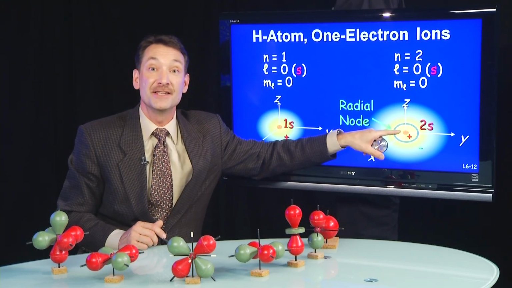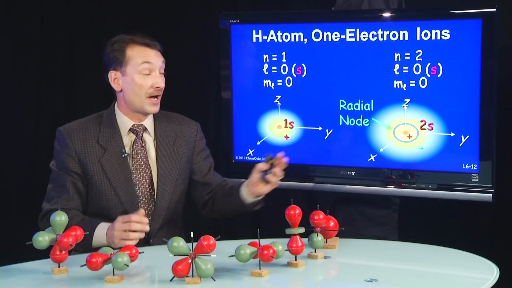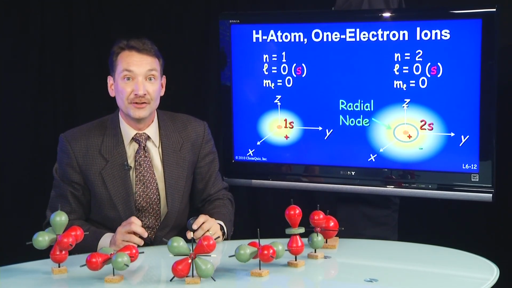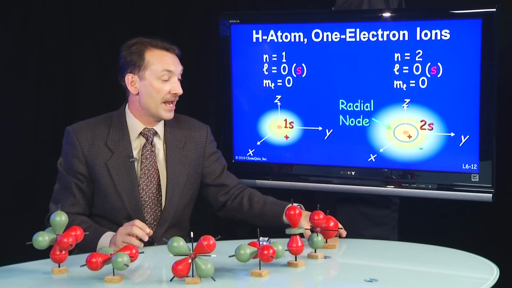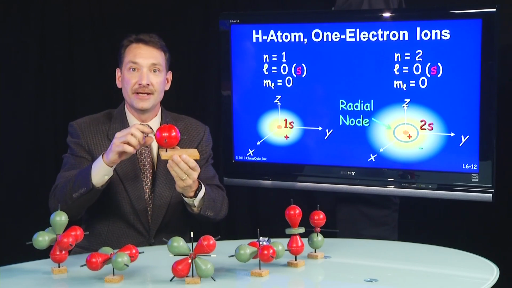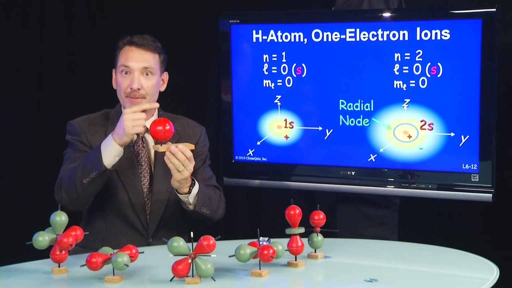It had a positive sign in this region, a negative sign in that region. The square of the wave function is always positive, but the wave function changed sign, giving you this radial node. So an s orbital is spherical, and it may have nodes that are radial about the nucleus.